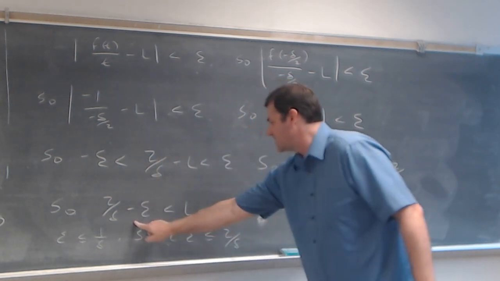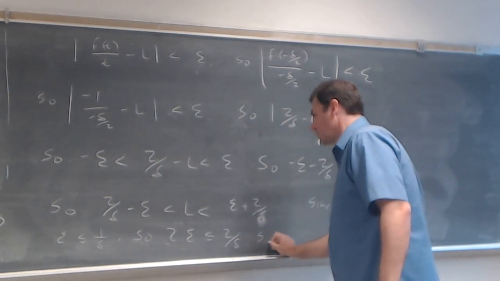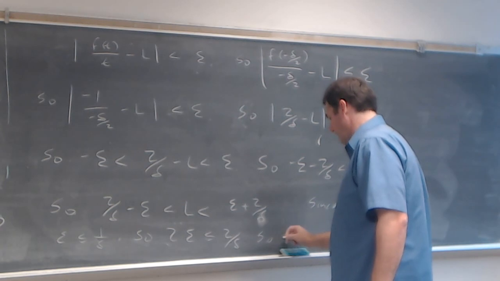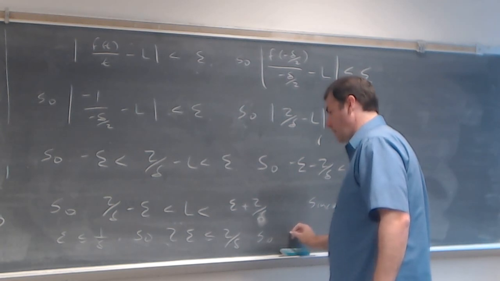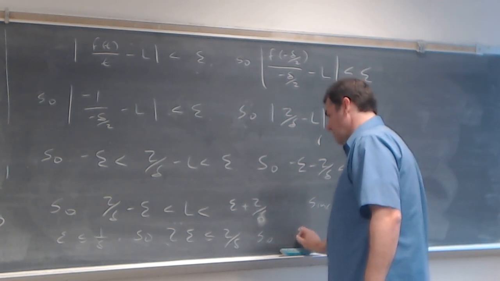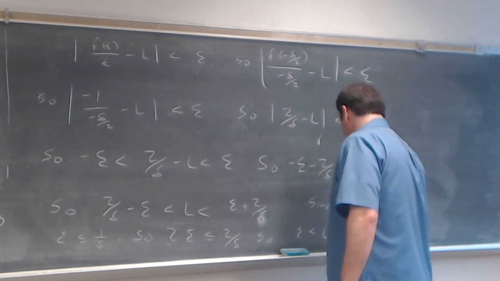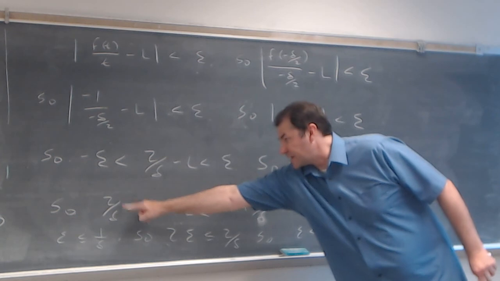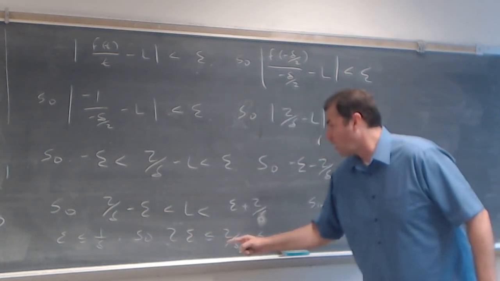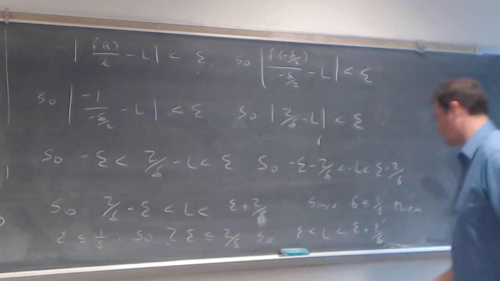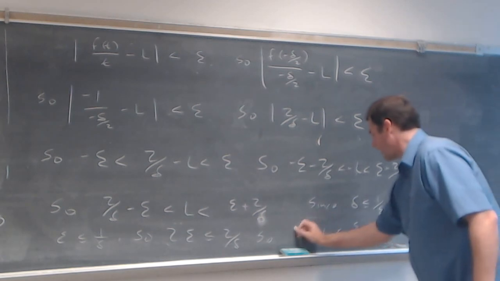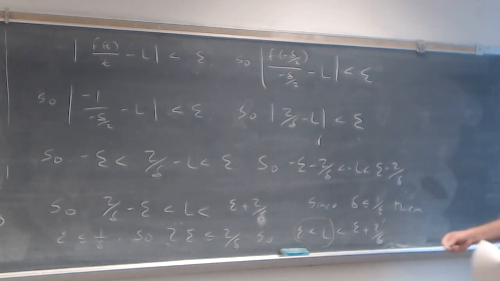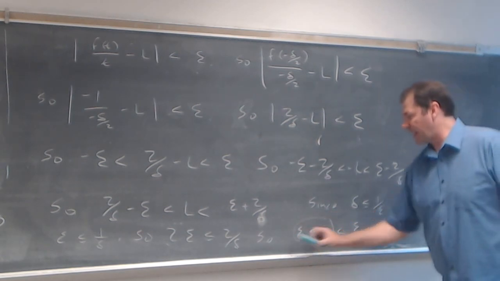So I'm going to replace this by something smaller. So what we have is that epsilon will be less than L, which will be less than epsilon plus 2 over delta. I just replaced that 2 over delta by something smaller than it, which is 2 epsilon, to get this result. And that's what we gain by looking at t equal to minus delta over 2.